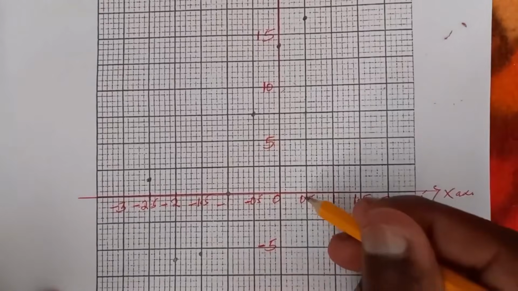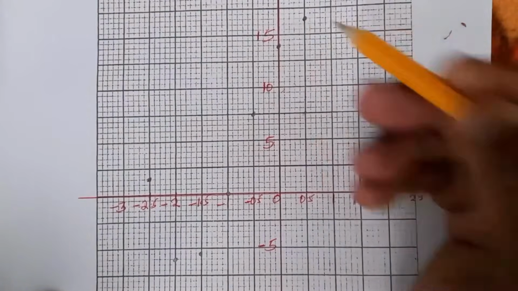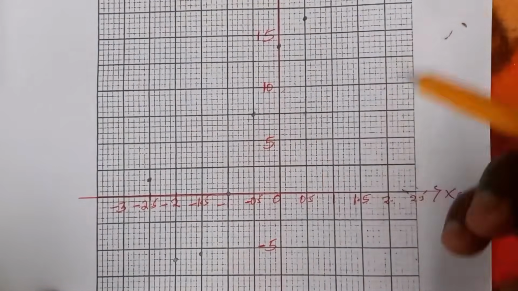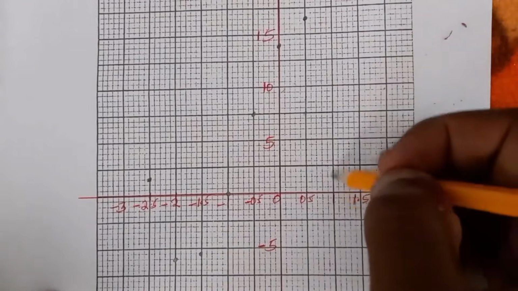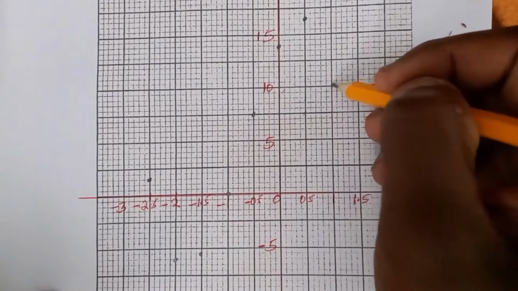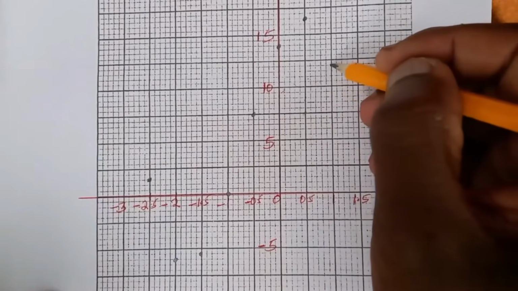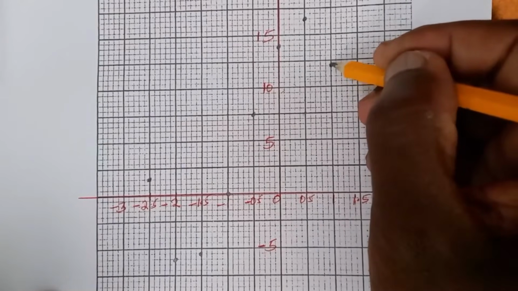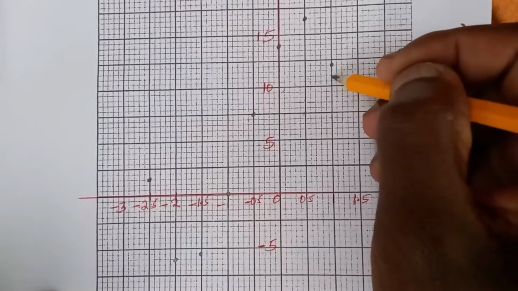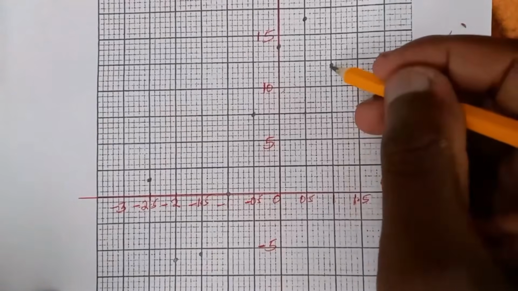Then 1, 12. So 10 is here, 11 is here, 12 is here. It's there.